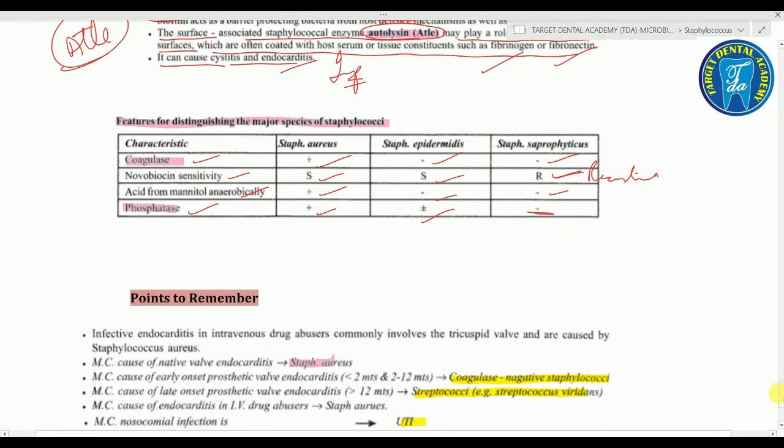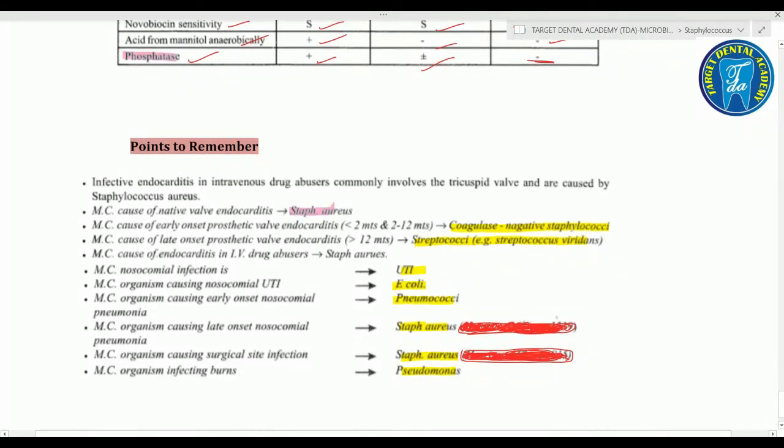Now, lastly, these are the important points to be remembered. First is infective endocarditis. In IV drug abusers it commonly involves the tricuspid valve, and this is caused by Staphylococcus aureus.